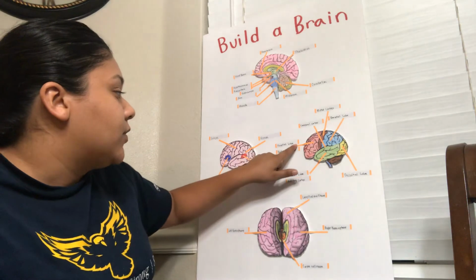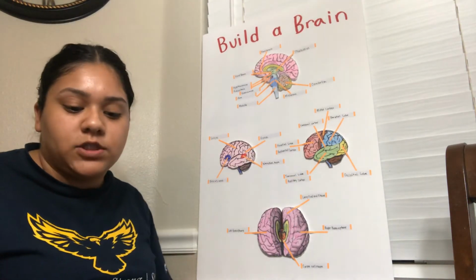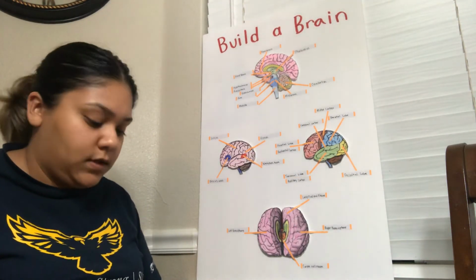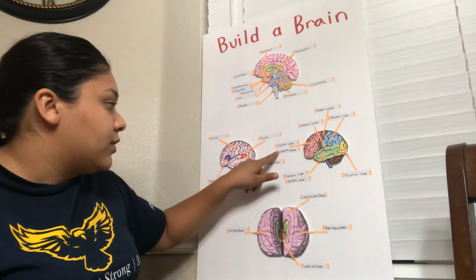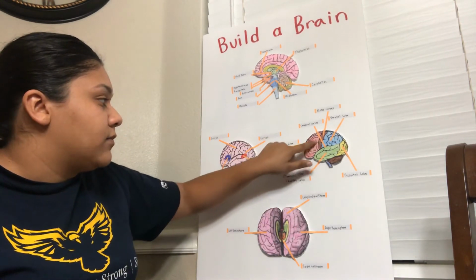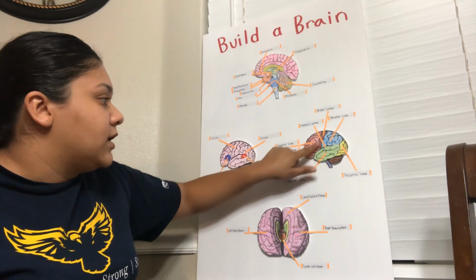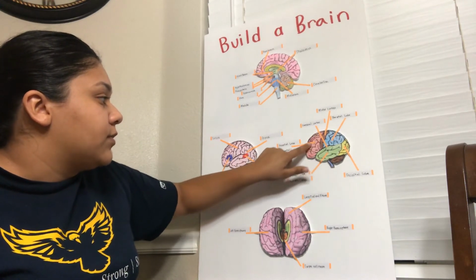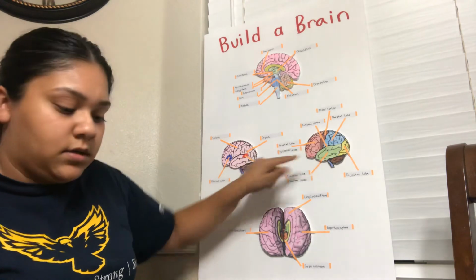Next, we have the frontal lobe. The frontal lobe's function is emotional control. And then we have the prefrontal cortex, which is with the frontal cortex right here in this area. So both of them are this area right here.